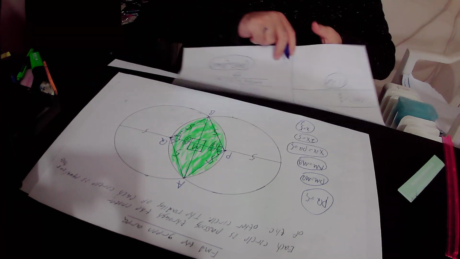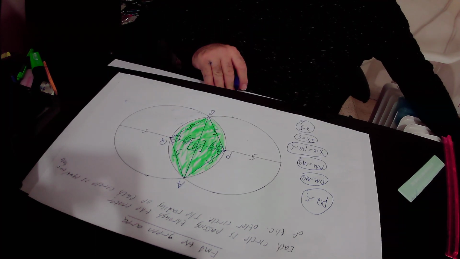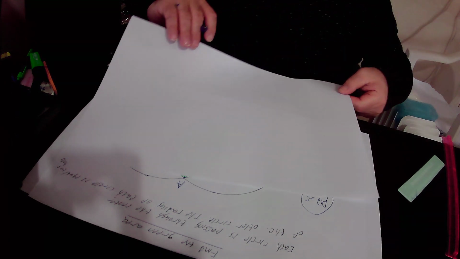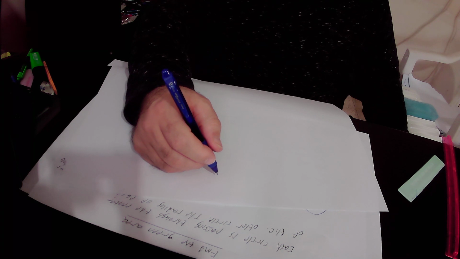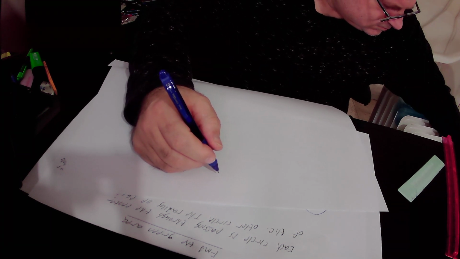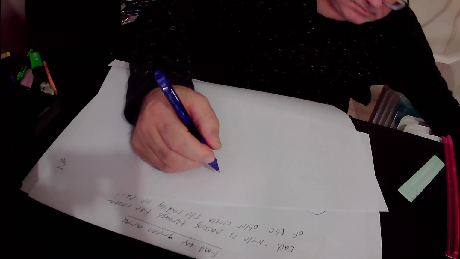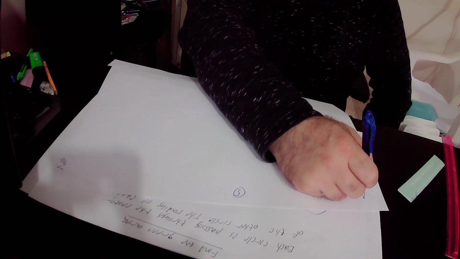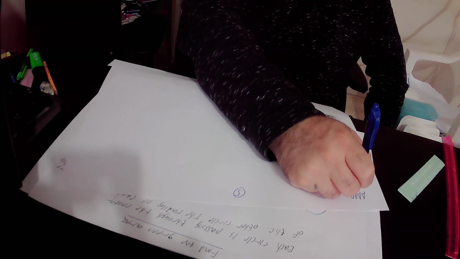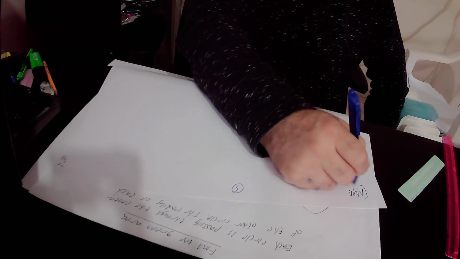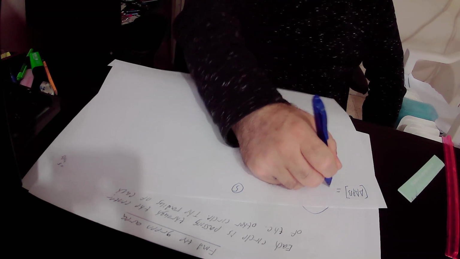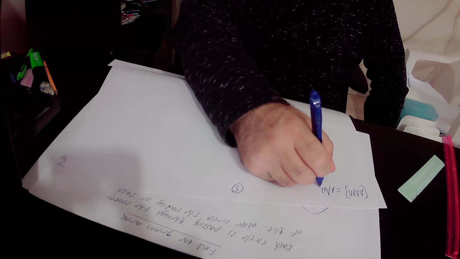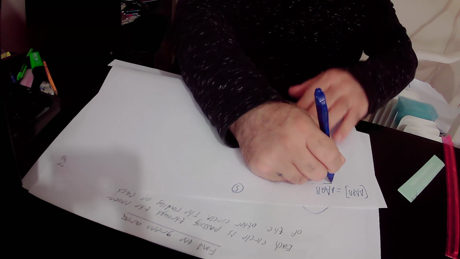So I write it also here that the area of triangle APB is equal to the area of triangle AQB.